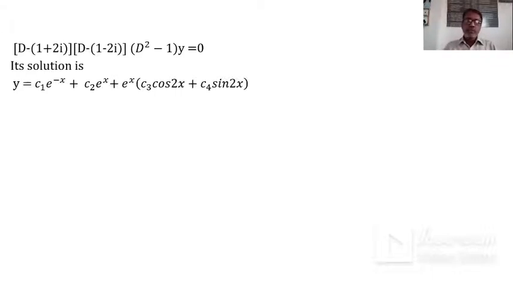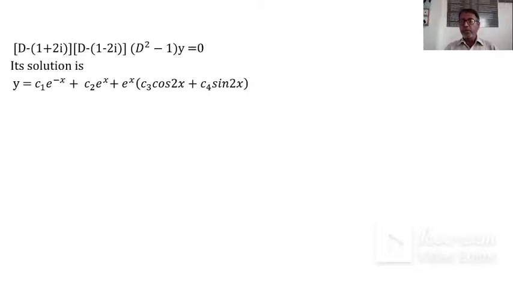Therefore, its general solution is y is equal to c1 e to the power minus x plus c2 e to the power x plus e to the power x times c3 cos 2x plus c4 sin 2x. But we know that the first two terms belong to yc.